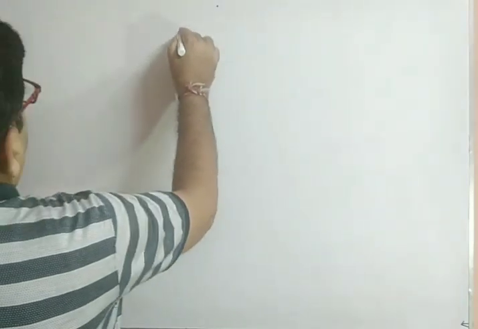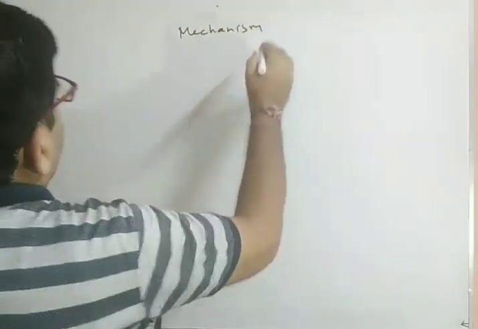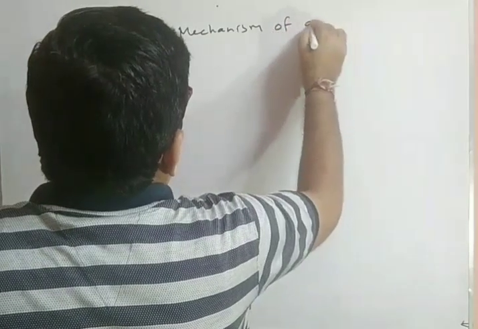Simple reactions are also known as elementary reactions. Then rate can be determined with the help of stoichiometric coefficient of the reactant. So we can write what? Our heading is mechanism of a reaction.